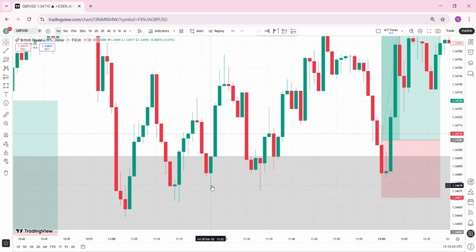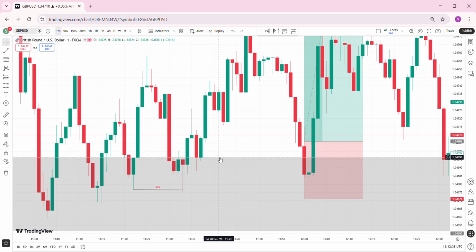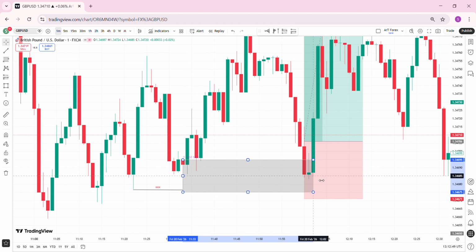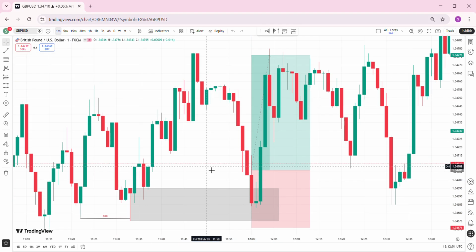After the market took out this low, taking this liquidity, that's the point where I knew that this is going to be a very strong low, a low that's going to hold when the market comes for a pullback or a retest in the upcoming movement.